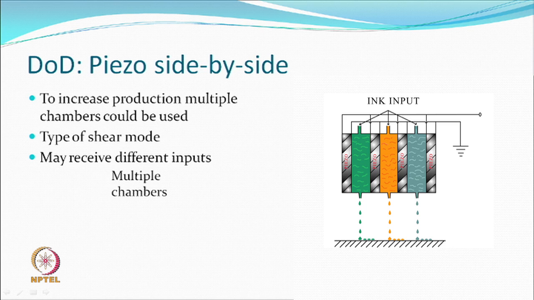So, they may receive different inputs at different times. All of them can fire simultaneously if the whole area requires the same color, and so you fire all of them. If you feel fewer drops have to be generated there, you generate only one or two; that means it has more control.